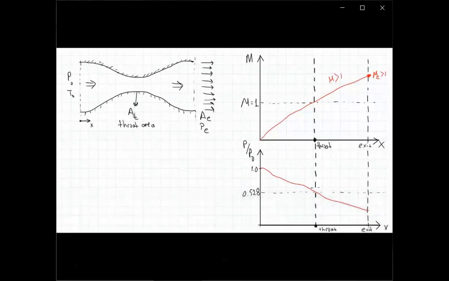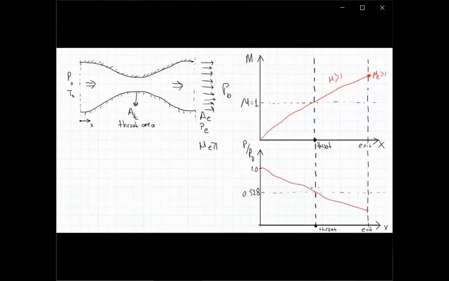Now, when the flow is exiting supersonically, so there is an ME that is greater than 1, the exit static pressure doesn't necessarily have to be equal to the back pressure. That's different from the subsonic case.